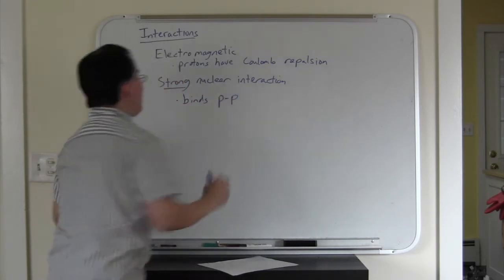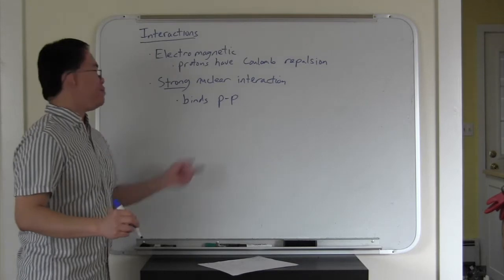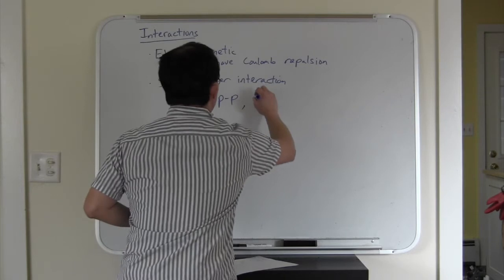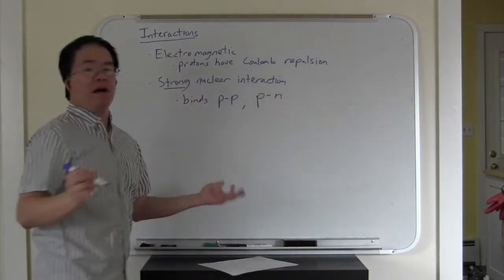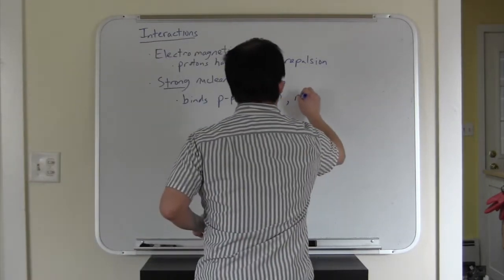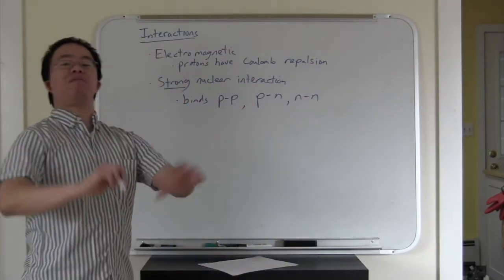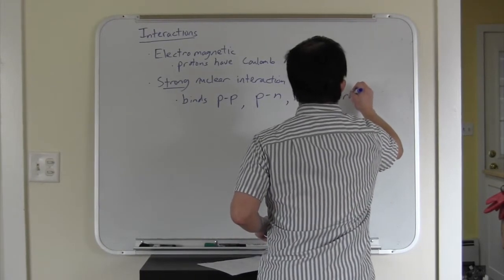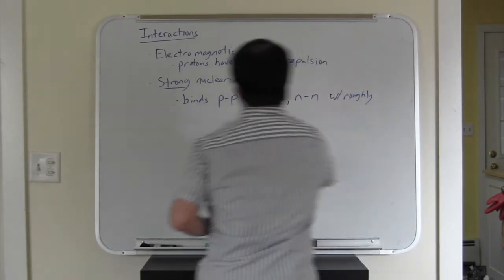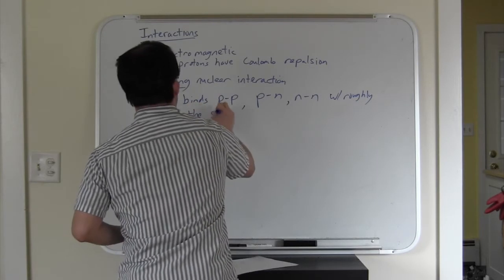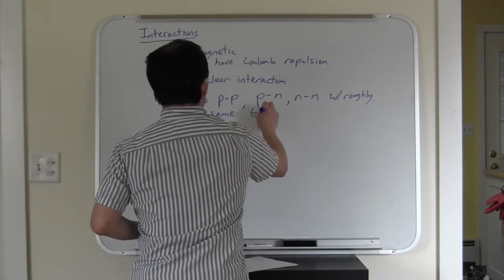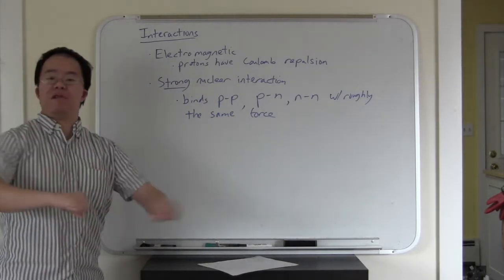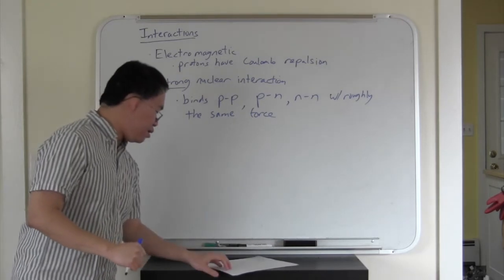I'll abbreviate protons as P, the way particle physicists often do. So you have PP binding, proton-neutron binding, and neutron-neutron binding with roughly the same force. And it is this strong interaction that keeps my protons from just electrostatically repelling each other.